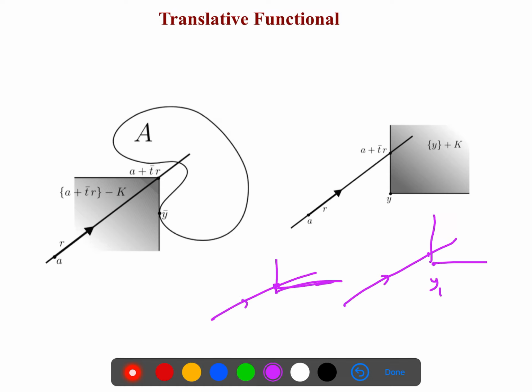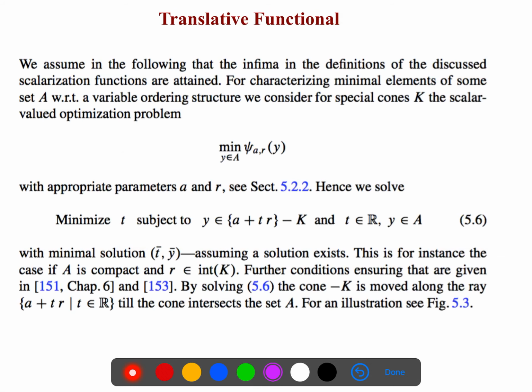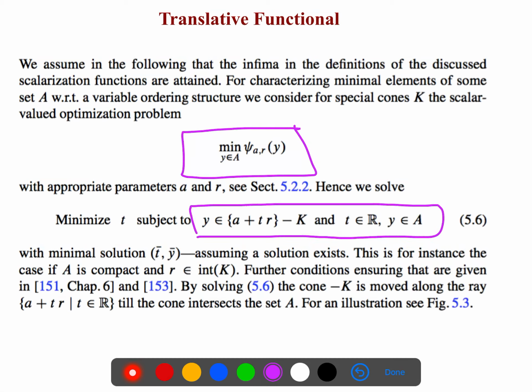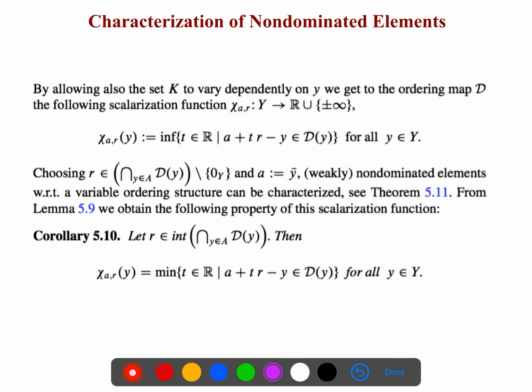Because if you find that, then it's a non-dominated element. It's the minimal element as well. So you try to minimize this functional, and the Pascoaletti-Serafini approach is equivalent to minimization of a functional. And you can characterize these non-dominated elements.